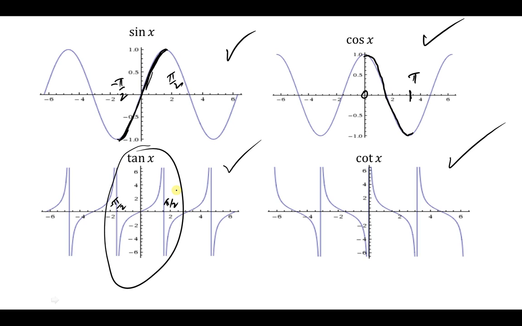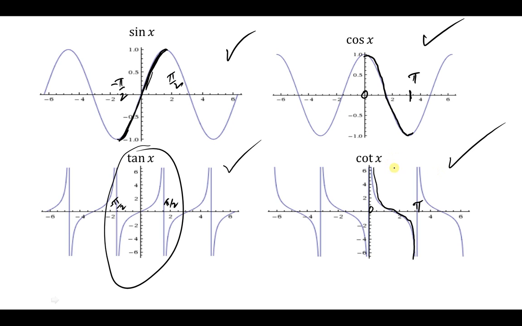And if you look in the literature, there are several ways to do the cotangent function. In most textbooks, they would restrict the domain to go over this range, which would be 0 to pi.